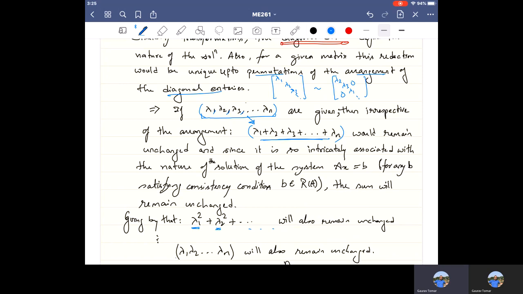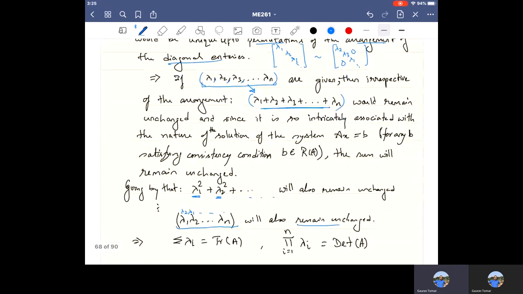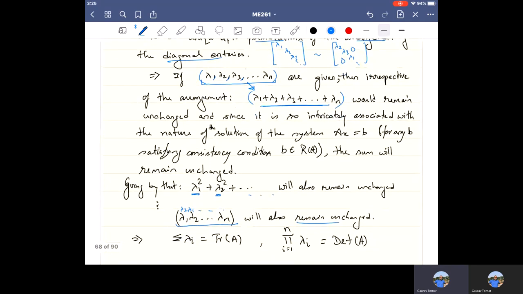I can take a complete product of them. Then it doesn't matter if I'm doing lambda 2 into lambda 1 or lambda 1 into lambda 2. So this product will also remain unchanged, right? So it will turn out that the summation of lambda i is the same as the trace of A. And the product of these diagonal entries would be the determinant of A, right?